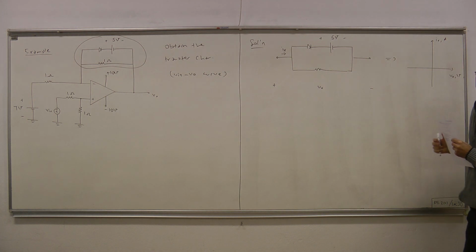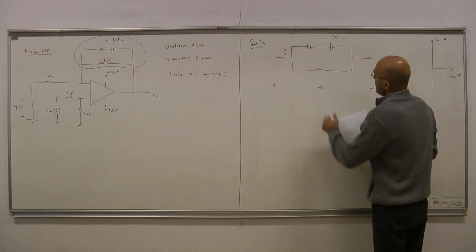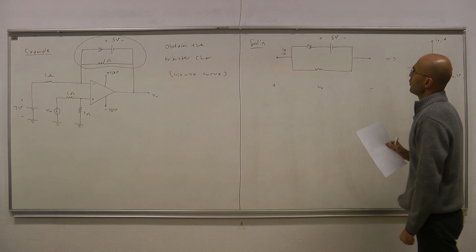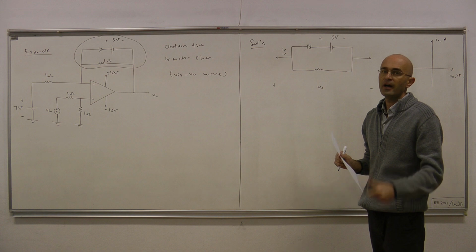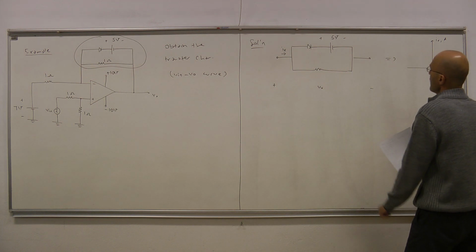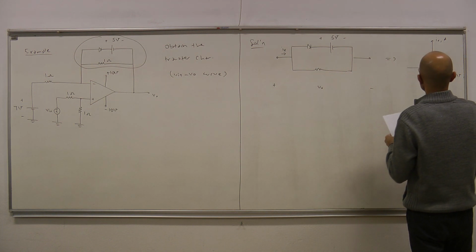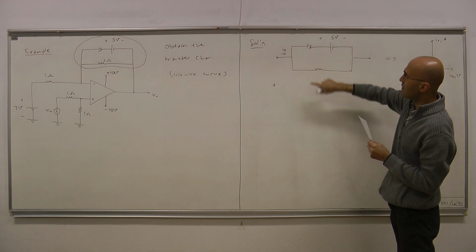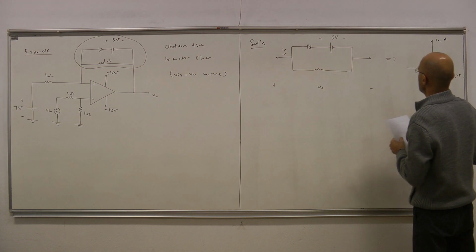So we did many examples that contain LTI resistors, ideal diodes, and constant sources. And it's therefore easy to obtain the voltage-current relationship of this one port.